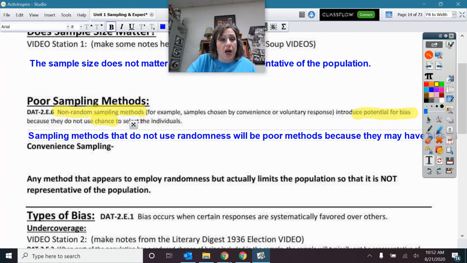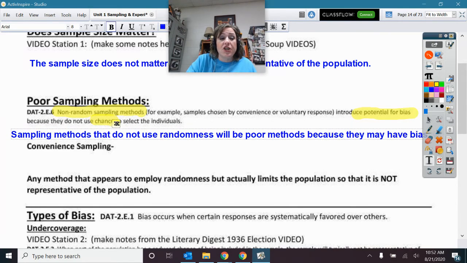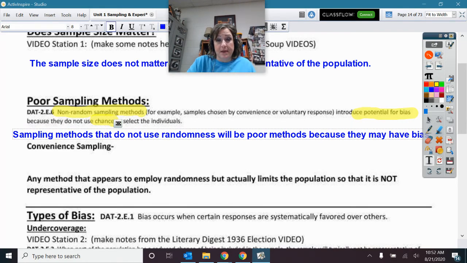Next, we're going to start learning the names of some sampling methods that are not good sampling methods. A convenience sampling method is one of those.